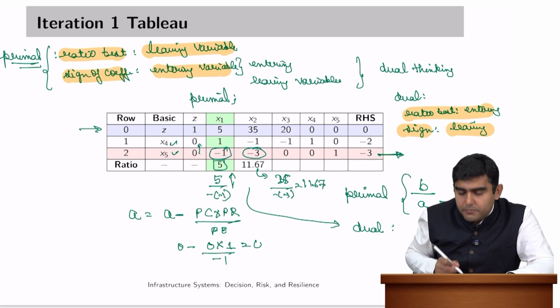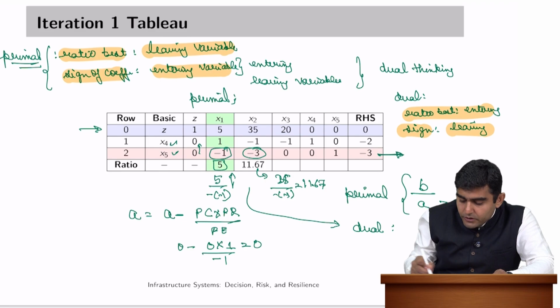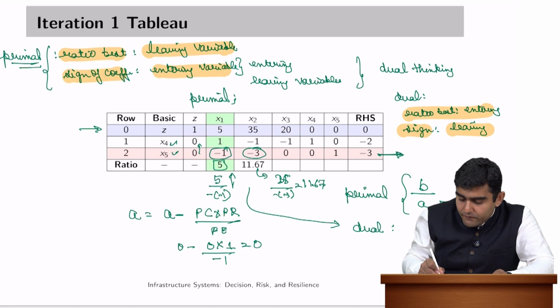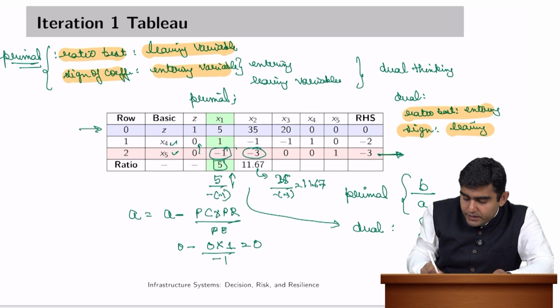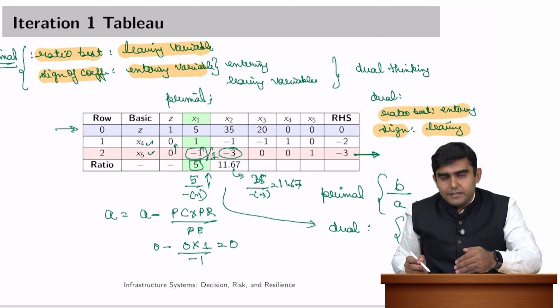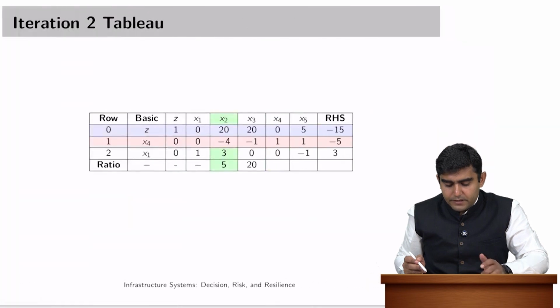So this value should remain unchanged. Everything in the pivot row was divided by the pivot element, and everything that is in the pivot column would become 1 here and 0 everywhere else. So I will not repeat these calculations. You may revisit the slides on the Simplex lecture in primal form to see how these particular tableaus are updated.